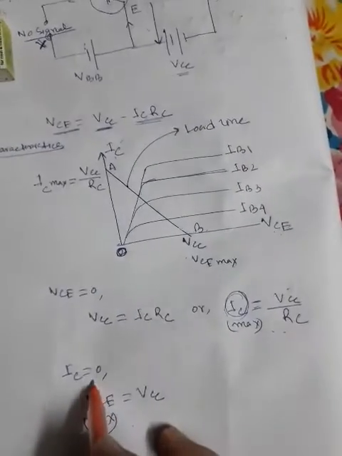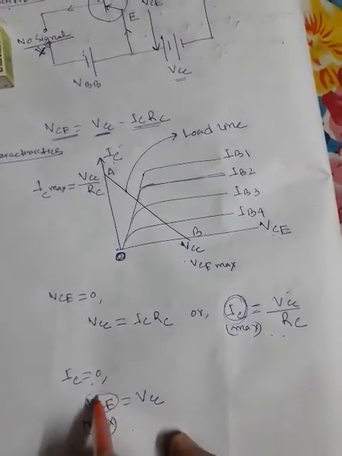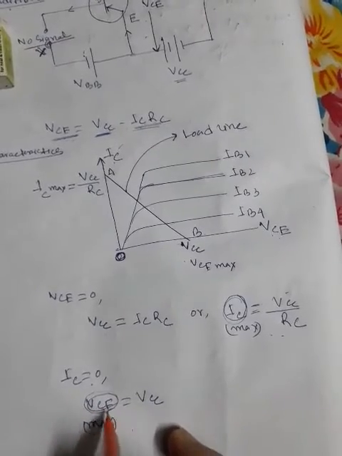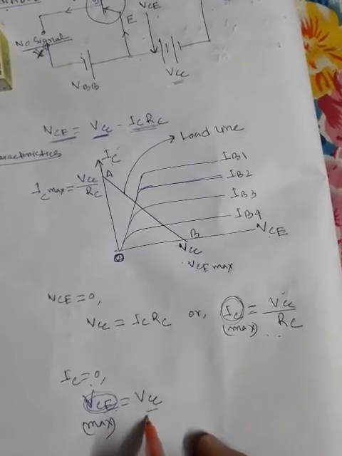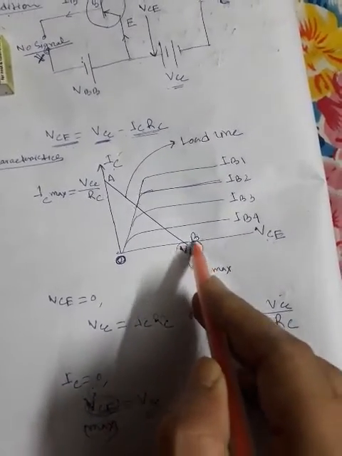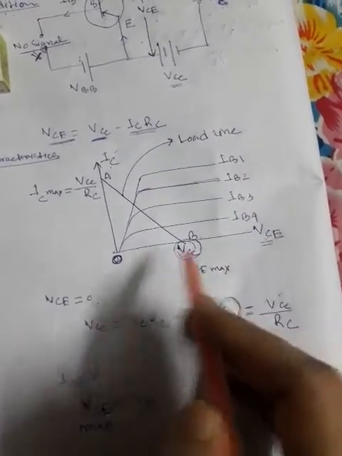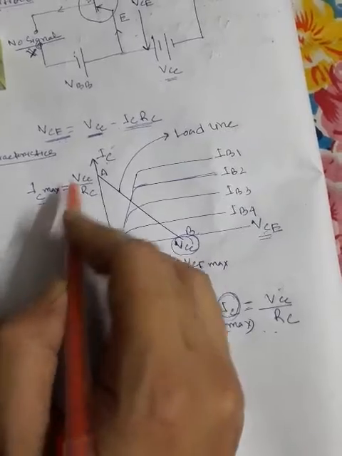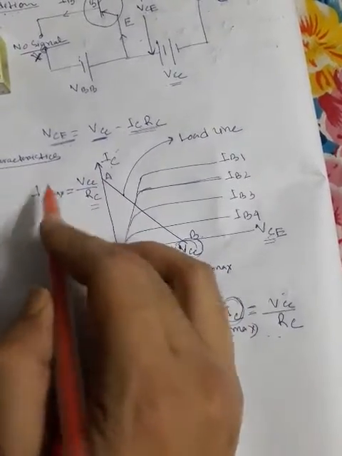So if we put IC equal to 0, we will get the maximum value of the collector emitter voltage, or VCE, that will be equal to VCC. Now see this VCC is the maximum value for the collector emitter voltage, and this IC, that is VCC by RC, is the maximum value for the collector current.